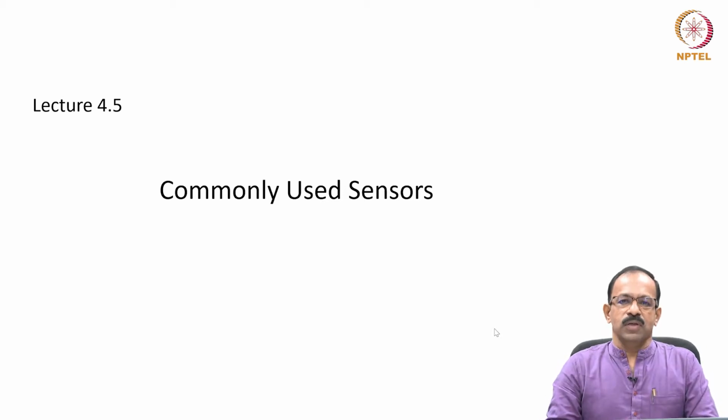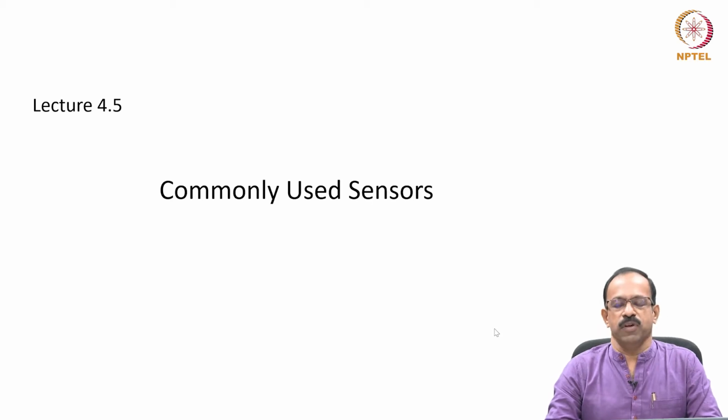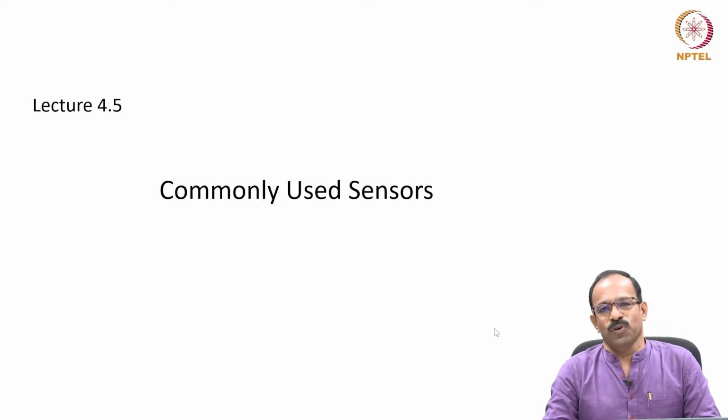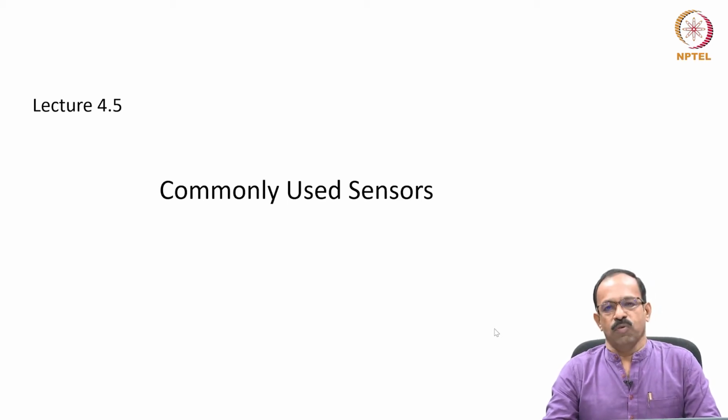So in this lecture, we look at the sensors which are used for identifying the distance to different objects or obstacles in the environment, and how we use that for localizing the robot. Not only for localizing, we can also use that for obstacle avoidance applications.